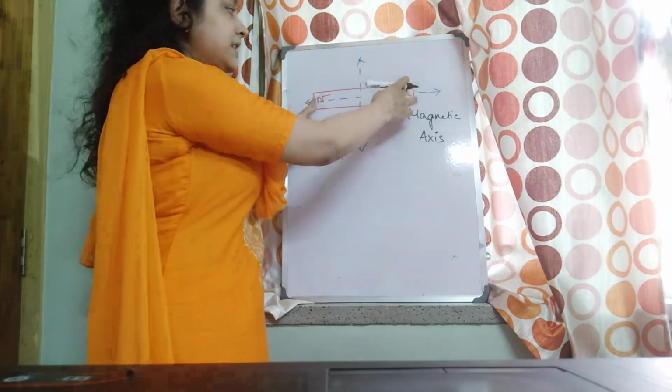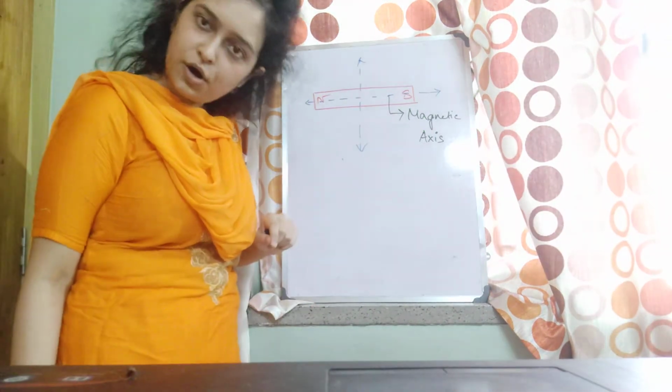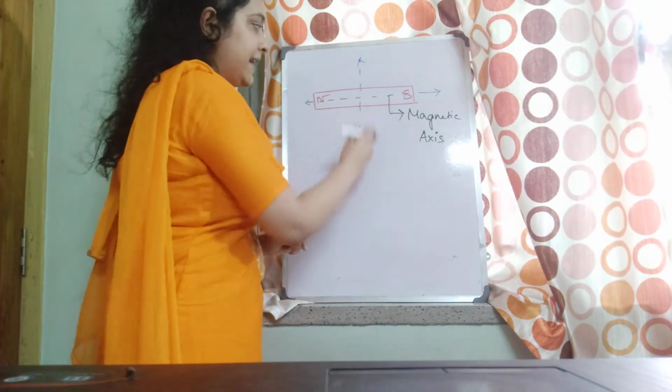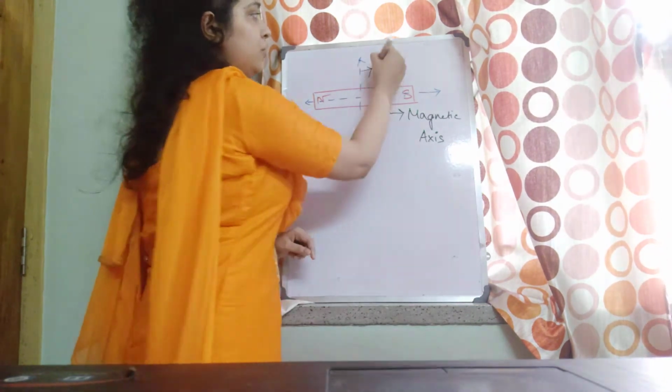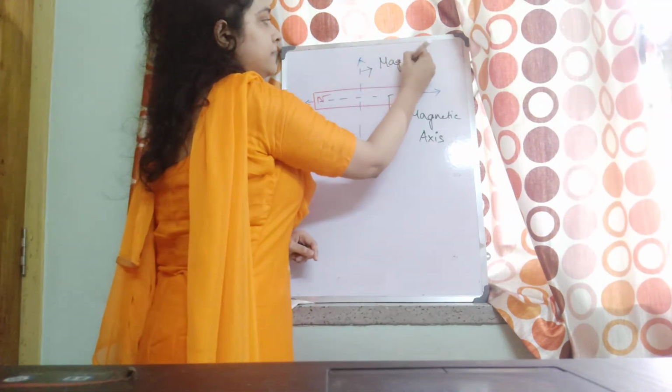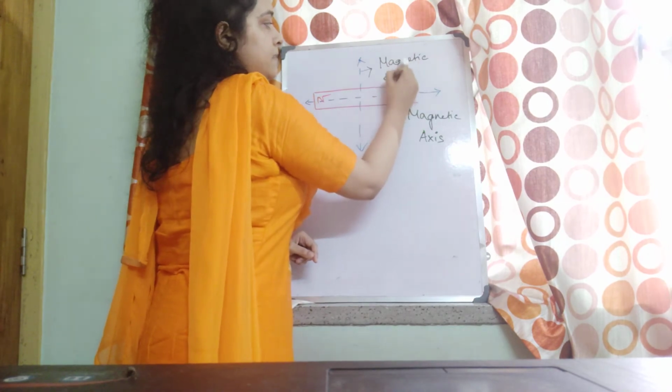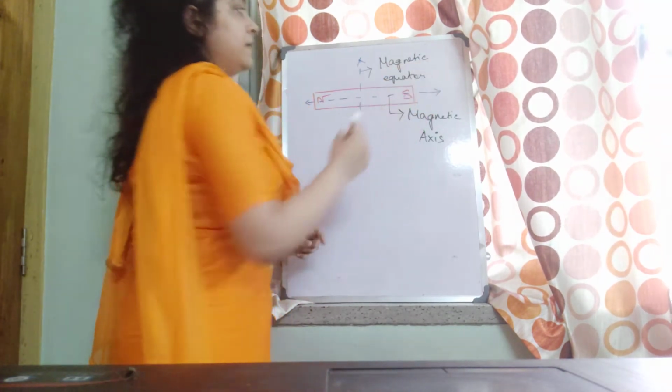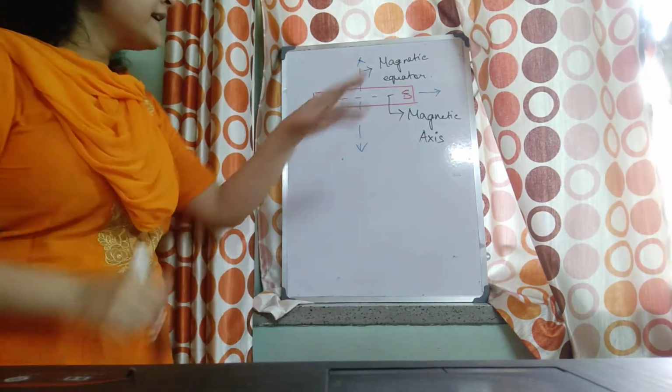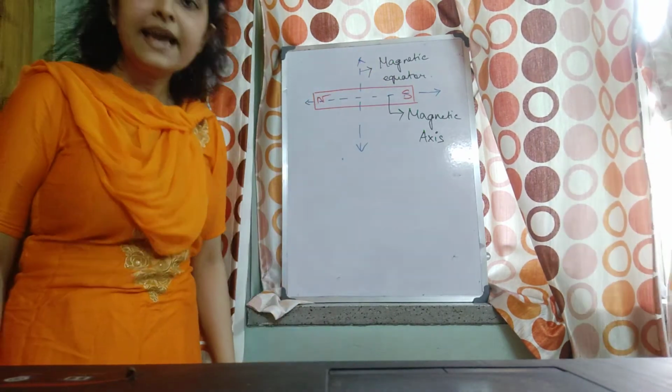The length between the north pole and the south pole. So this imaginary perpendicular line is known as the magnetic equator.